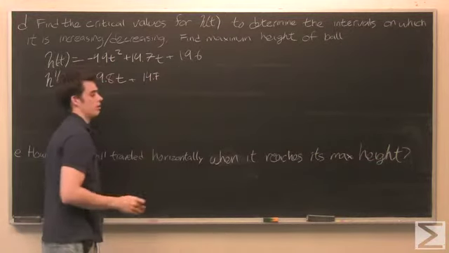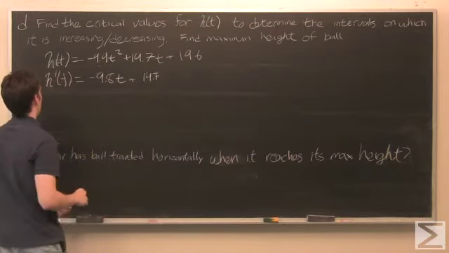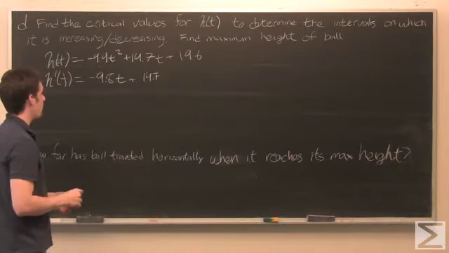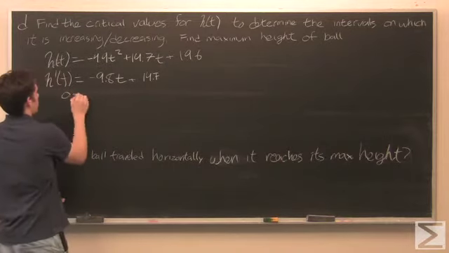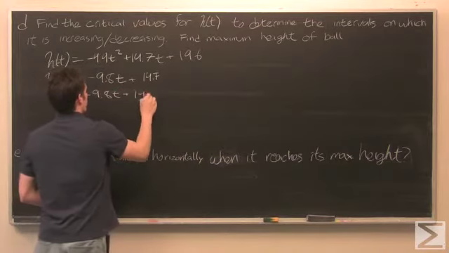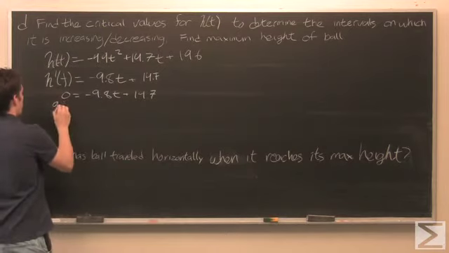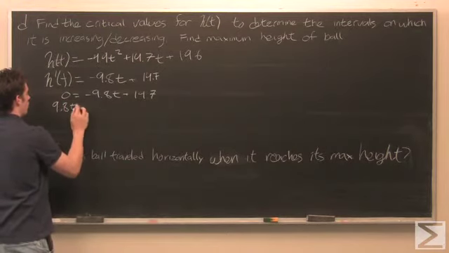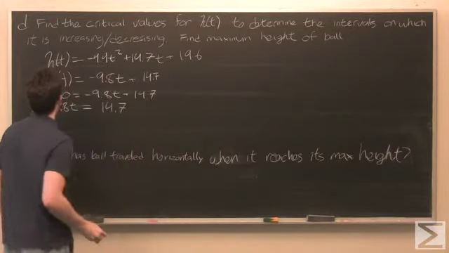And then 19.6, the constant just drops out. So this is our derivative of h of t, and we want to find when this is 0. So 0 equals negative 9.8t plus 14.7. We'll just bring 9.8t to the other side. 9.8t equals 14.7.